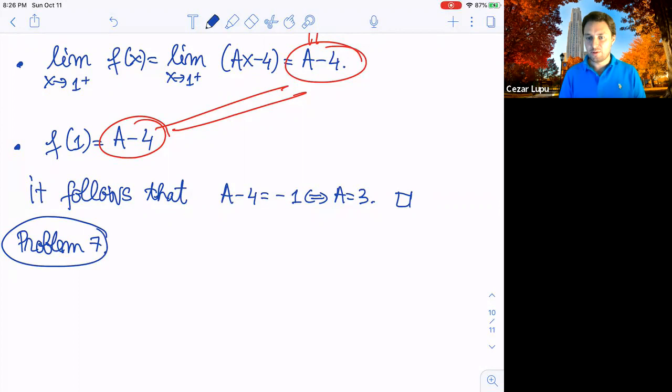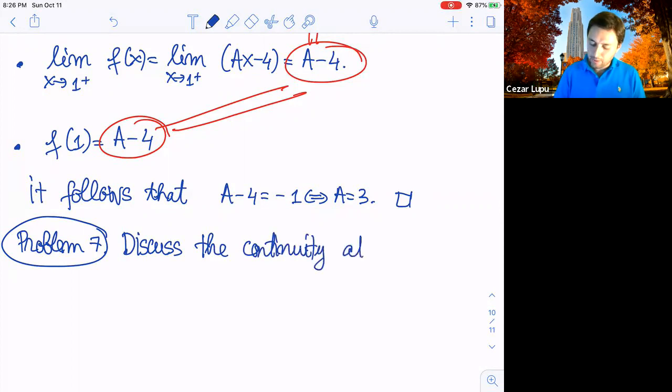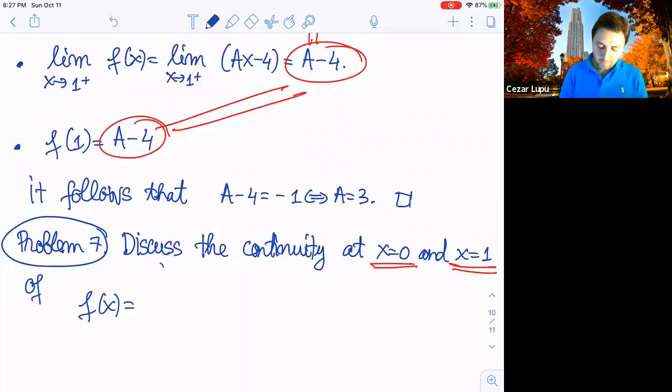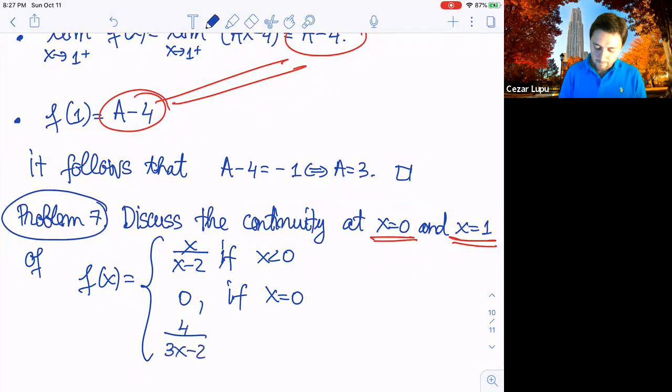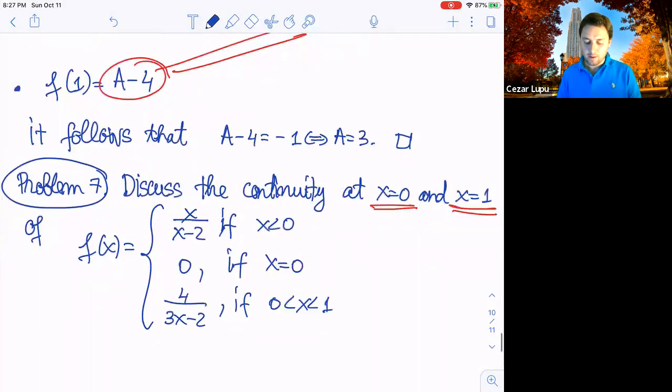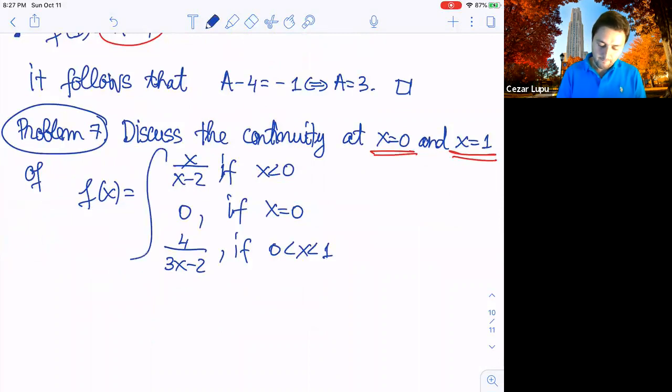Let me give you this example, which says the following: discuss the continuity at x equals 0 and x equals 1, these two points, of f of x, which is x over x minus 2 if x is less than 0, 0 if x is 0, 4 over 3x minus 2 if x is between 0 and 1, and the last piece is 4 if x is greater than or equal to 1.